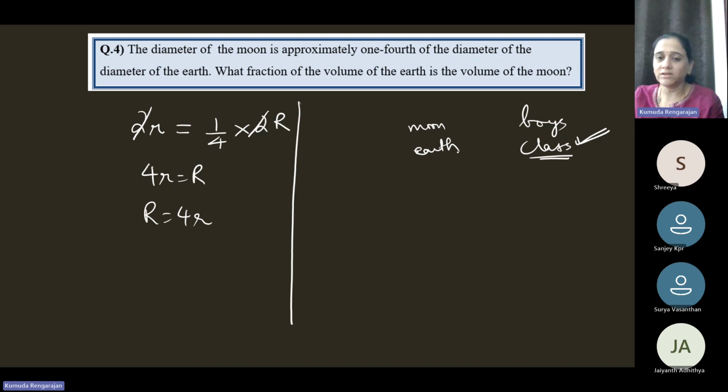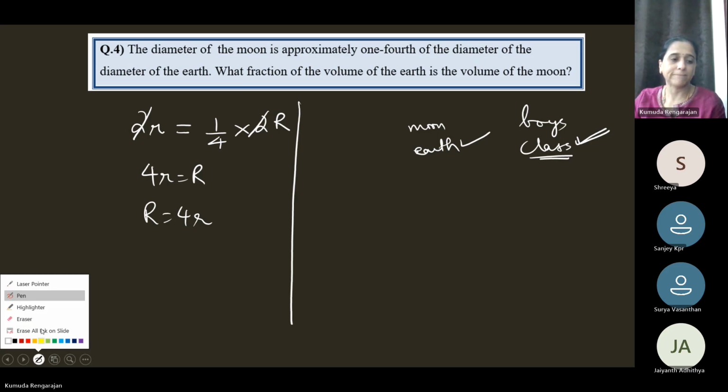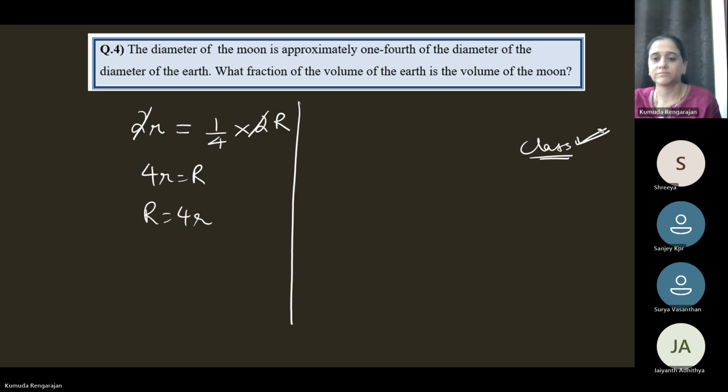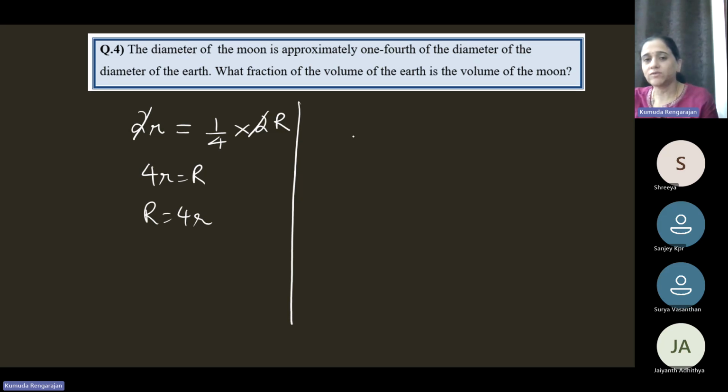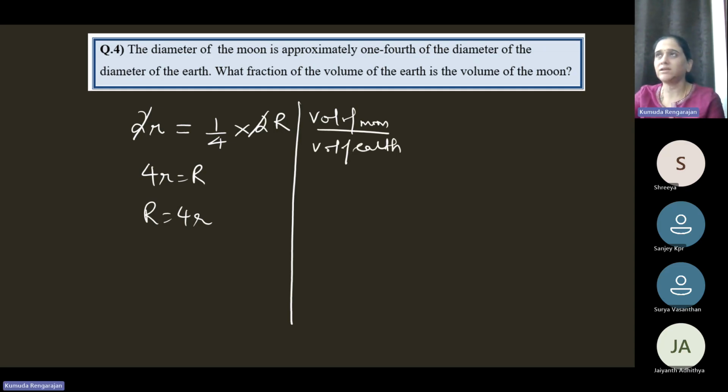So when it is moon and earth, you must write earth in the denominator. What fraction of the volume of the earth is the volume of the moon? So it will be volume of moon by volume of earth. That's the meaning actually. It's not because earth is bigger or something. It's because that's what it means.